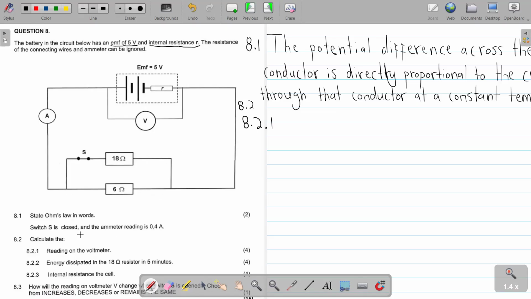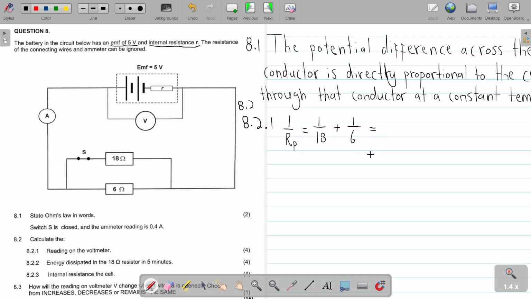Now, what do we know? V external, there are only two resistors externally. So we have to find the external resistance here. So we can say 1 over Rp equals 1 over 18 plus 1 over 6.